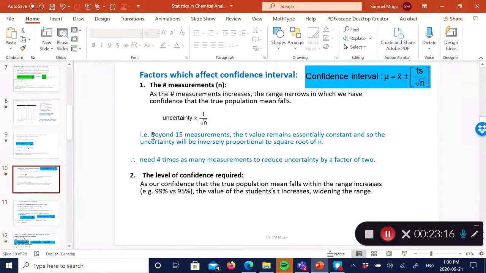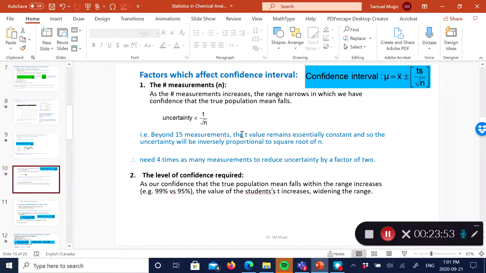Now, you're also going to see that beyond, say, 15 measurements or so, the T value keeps getting smaller and smaller. Meaning, if you've got only very few measurements, your T value is actually fairly large. And so in that case, your confidence interval is bigger because you're not very confident. If you repeat the measurements many, many times, your confidence interval tends to be thinner.